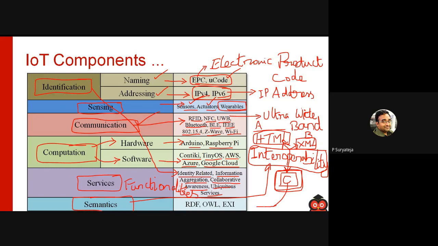Such intermediate formats are these: RDF, Resource Description Framework, OWL, Web Ontology Language, and EXI, Efficient XML Interchange.